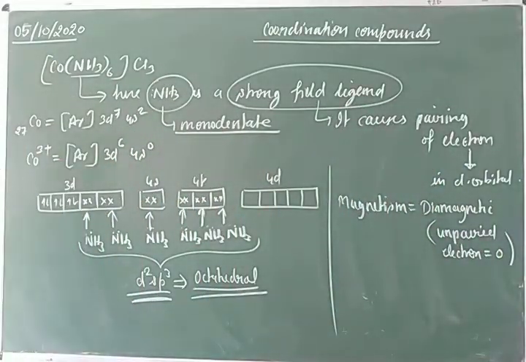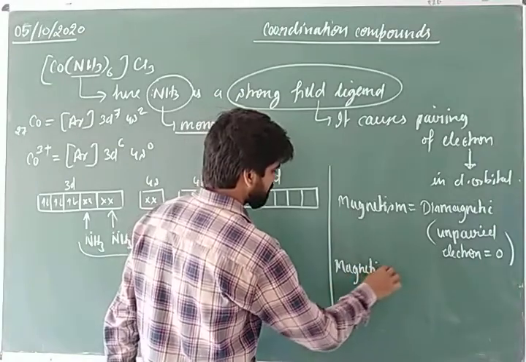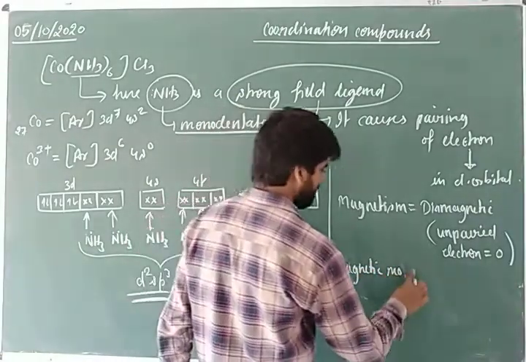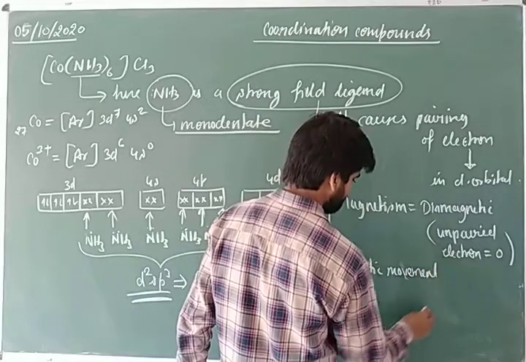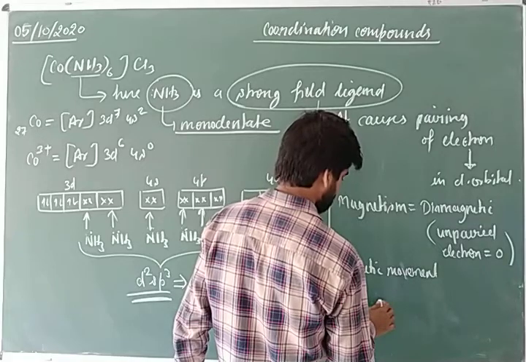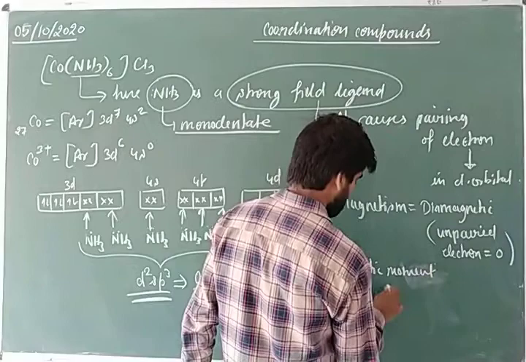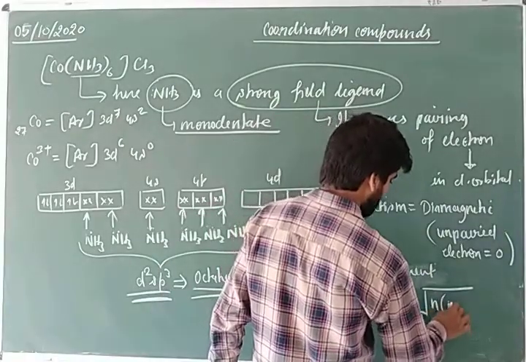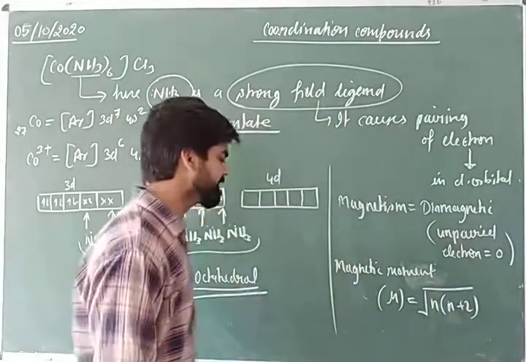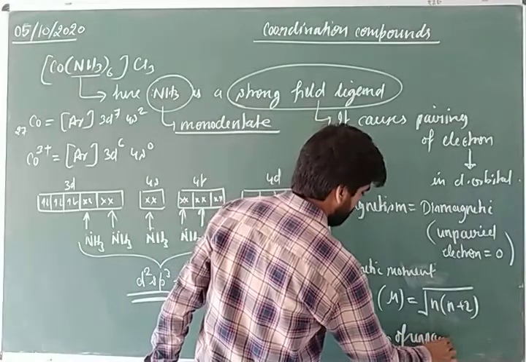So students, the magnetism will be diamagnetic. Sir, how can we find the magnetic moment for this complex? For the magnetic moment mu, we use the formula square root of n(n+2), where n is the number of unpaired electrons.